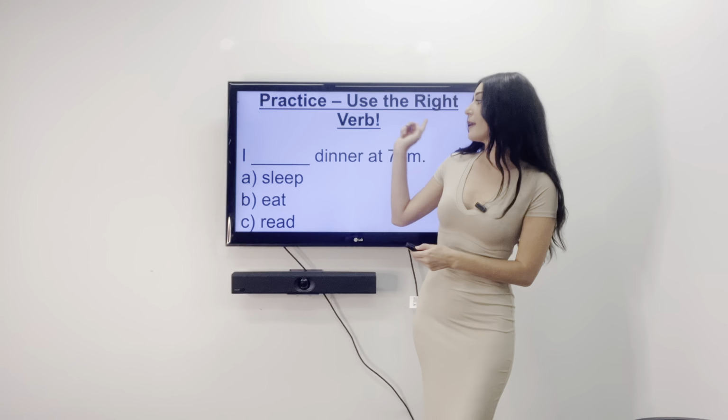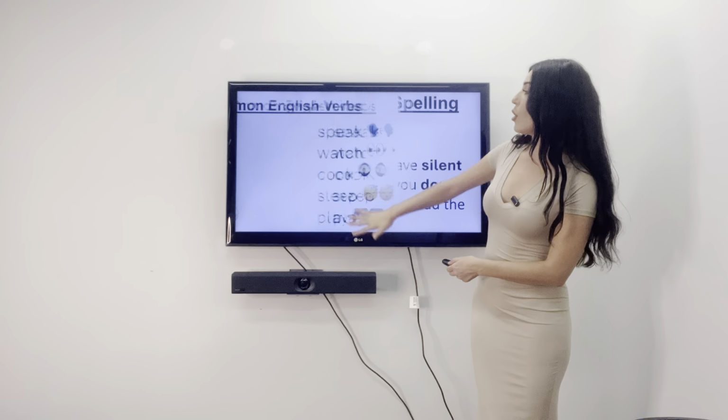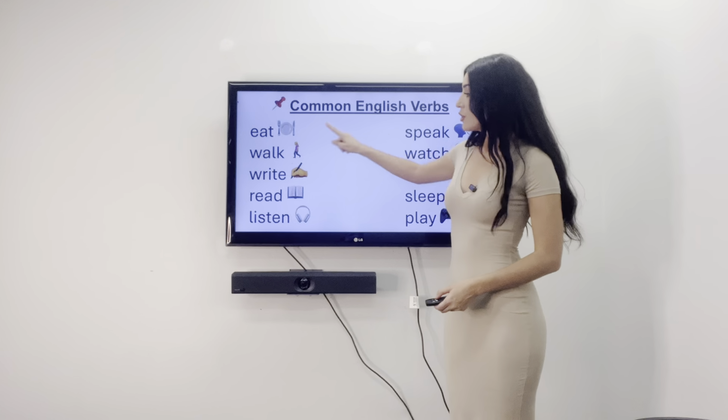Go back to that slide that had all the English verbs, or some of them. So use these ones, okay? There are a lot to choose from. And so when it comes to the challenge, I want you to have a go at writing 3 short sentences using those verbs. For example, I read at night, okay?